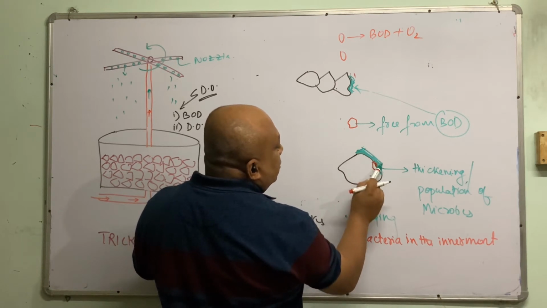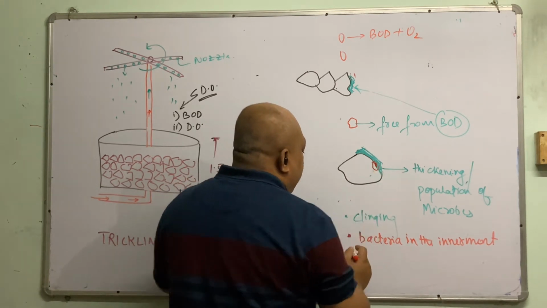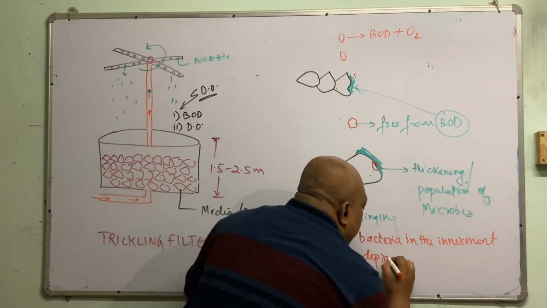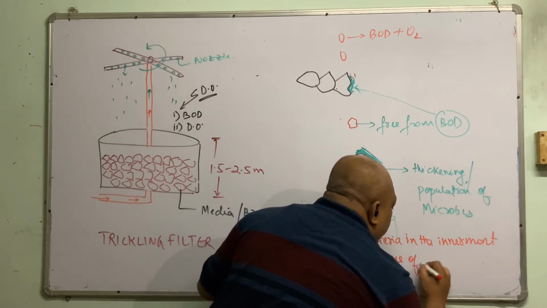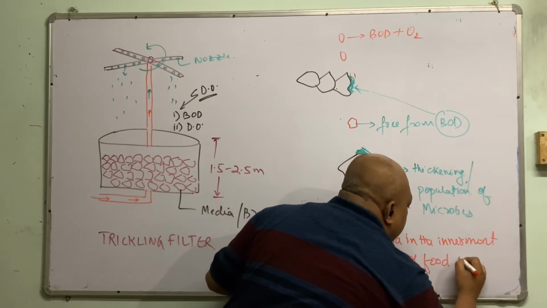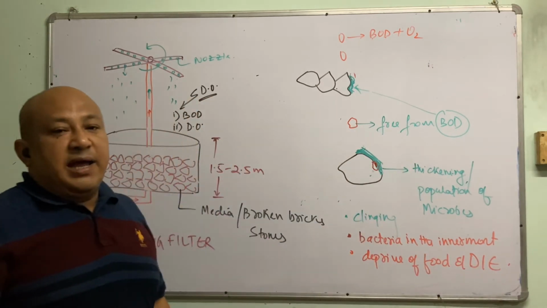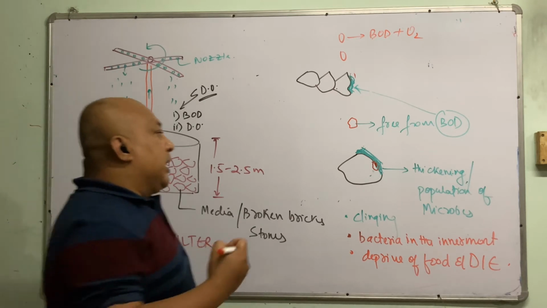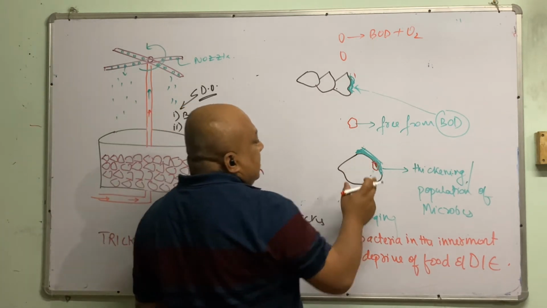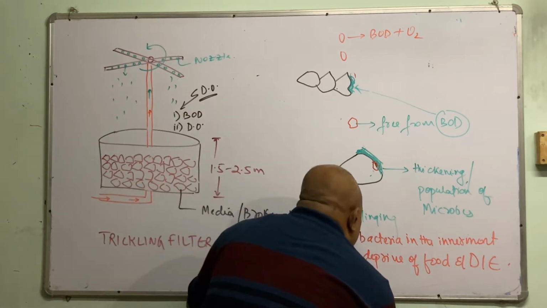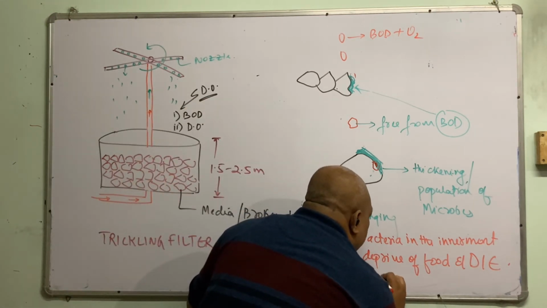Correct? So finally, this bacteria in the innermost are deprived of food, and finally they die. Since they die, they cannot cling anymore to the surface and they fall down.